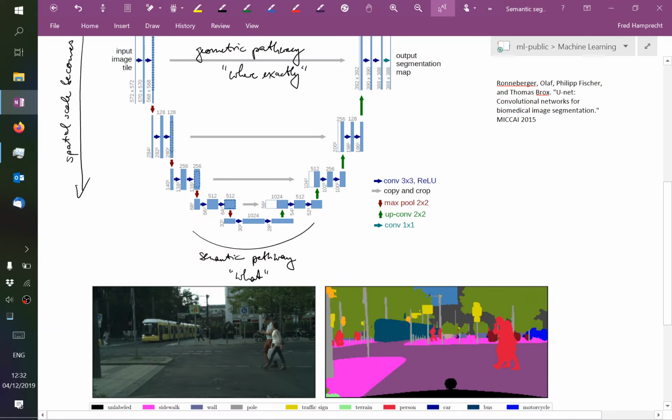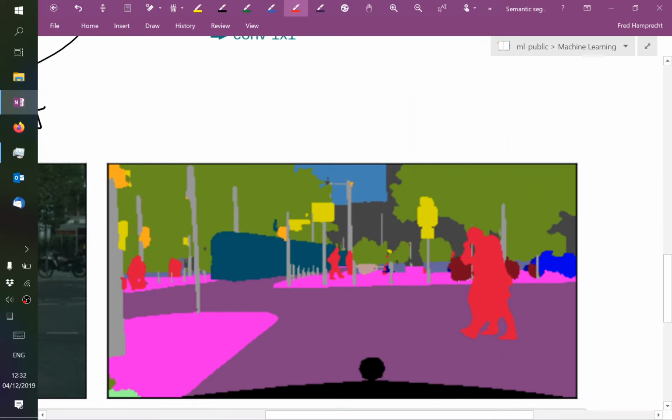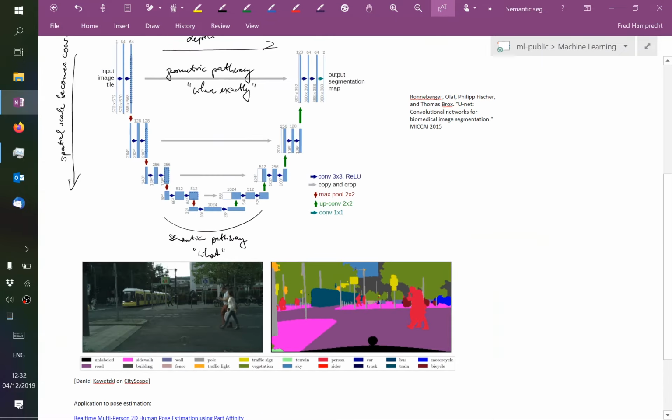So for example, the network decides here in this very low resolution, in this 30 by 30 image, that there's a pedestrian somewhere in this region, I'm pretty sure. But you would like to know where precisely. And this information in a 30 by 30 version of this image cannot be transported. So this is why the geometric pathway is also needed to say, all right, the precise outline of this pedestrian is this. And so you want both jointly, the semantic and the geometric pathway.